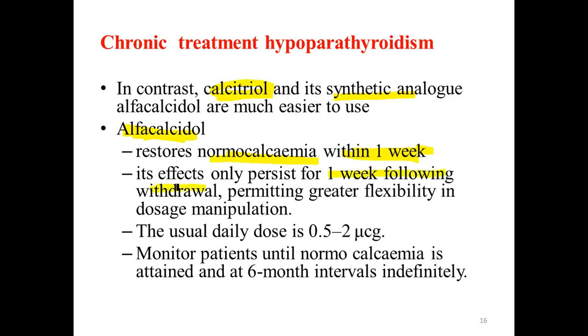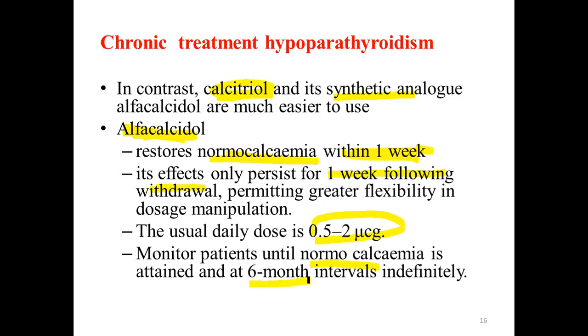So it is much easier to do manipulation, because effects can be reversed within a week. Effects can be withdrawn following 1 week of withdrawal, and these are the usual doses. But of course, we need to monitor until normal calcemia is attained.